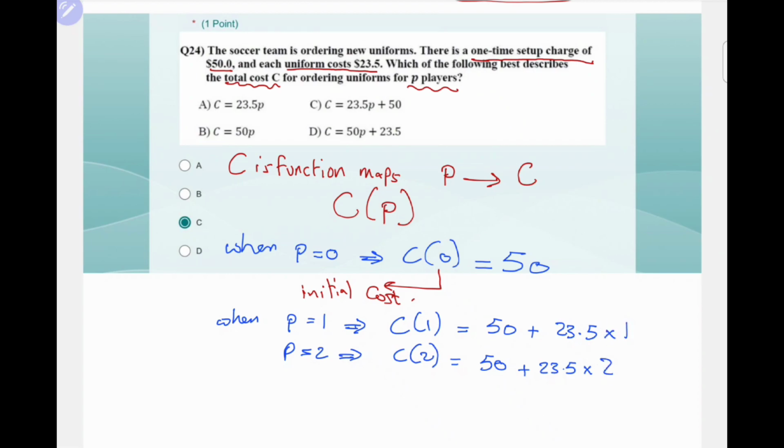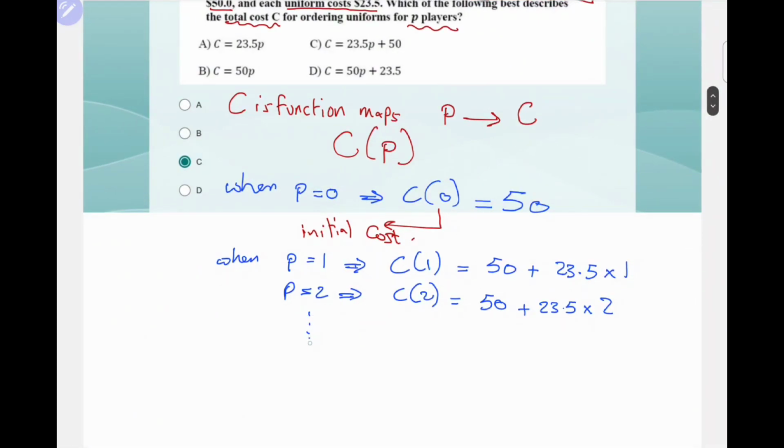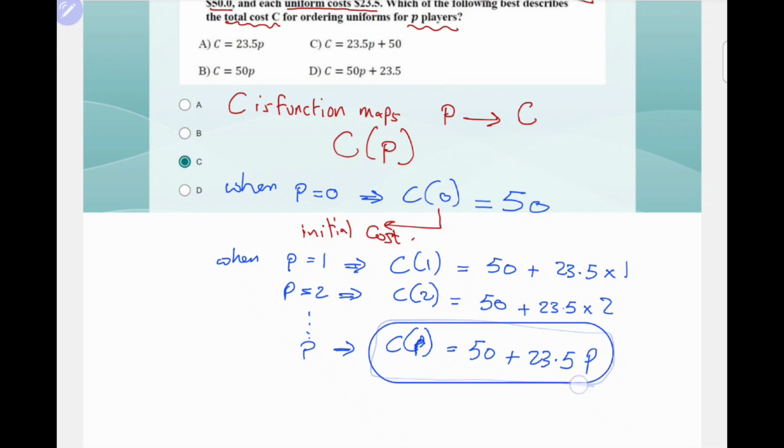So here we can call it times 1, and so on. In this case, for a general P, number of players, C of P is equal to 50 plus 23.5 times P. And the answer is C.